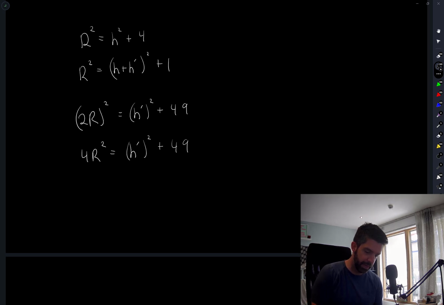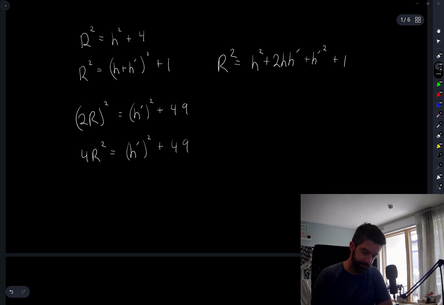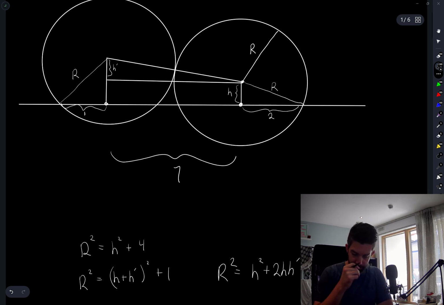What I'm going to do is expand this equation. Oh, but then I have this h prime, which is pretty messy. I was going to substitute for h squared and h prime squared, leave things only in terms of r squared.